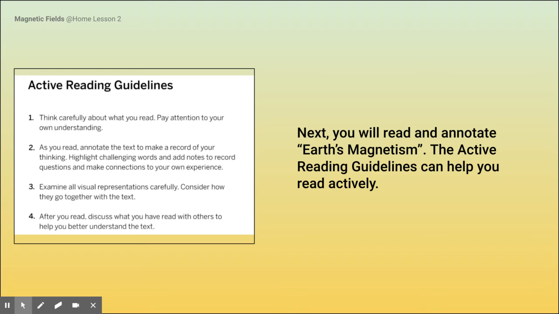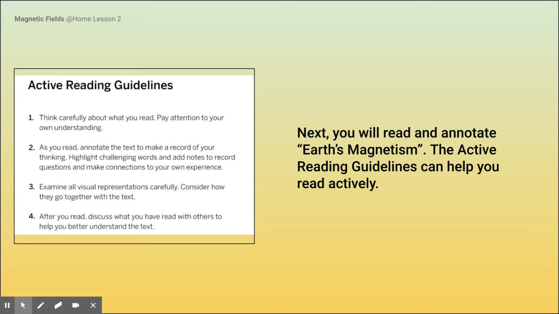Okay, so your active reading guidelines are you're going to think carefully about what you read and you're going to pay attention to understanding. So you're going to make sure you know those tricky words and tricky sentences. As you read, annotate the text to make a record of your thinking. Highlight challenging words and add notes to record questions and make connections to your own experience.